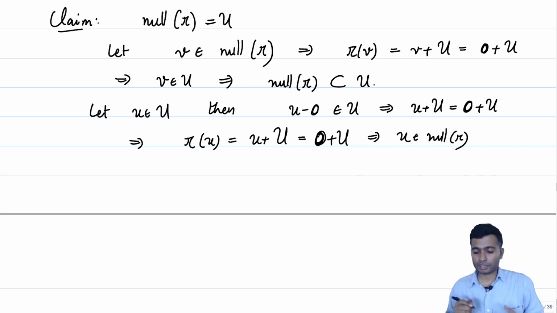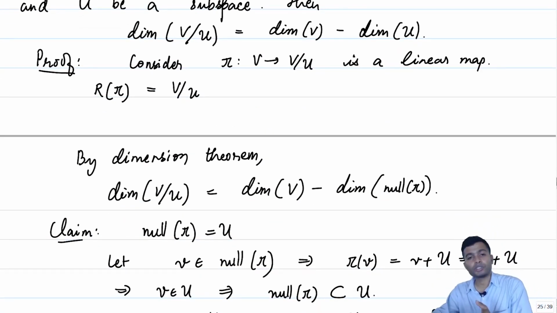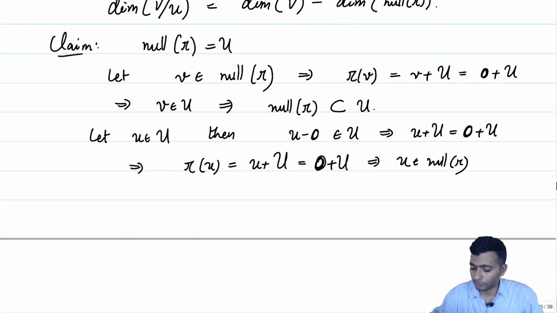And hence we are done. So we have essentially proved that the dimension of V mod U is equal to dimension of V minus the dimension of the null space of pi, which is U.